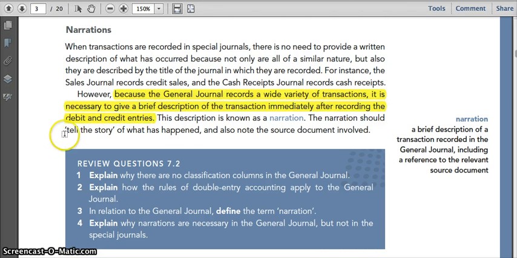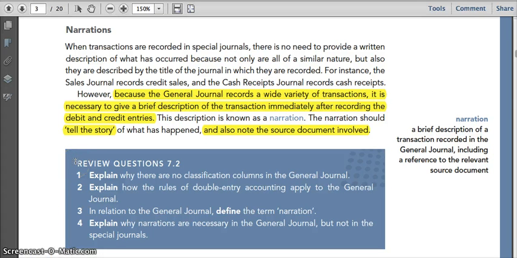So this basically just tells us the story of what's happened, and also you need to note the source document that's involved. That will become a little bit clearer later on when we go through the example.